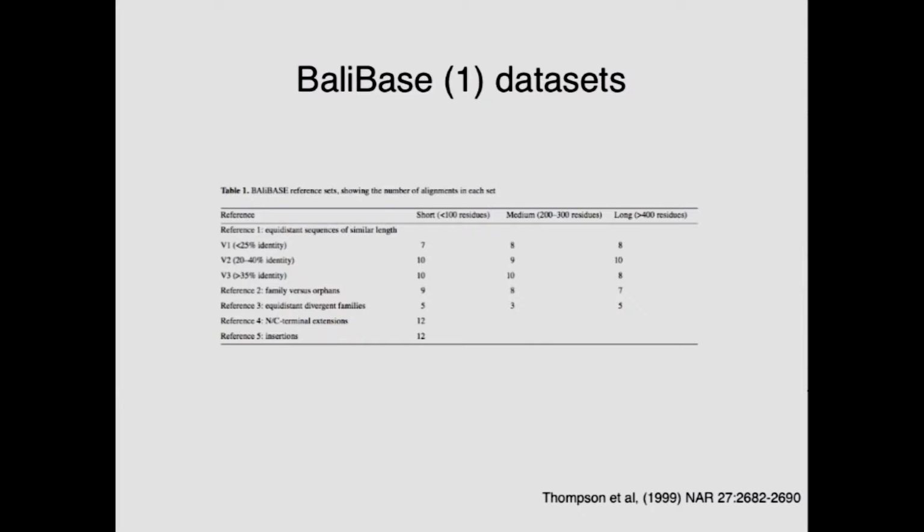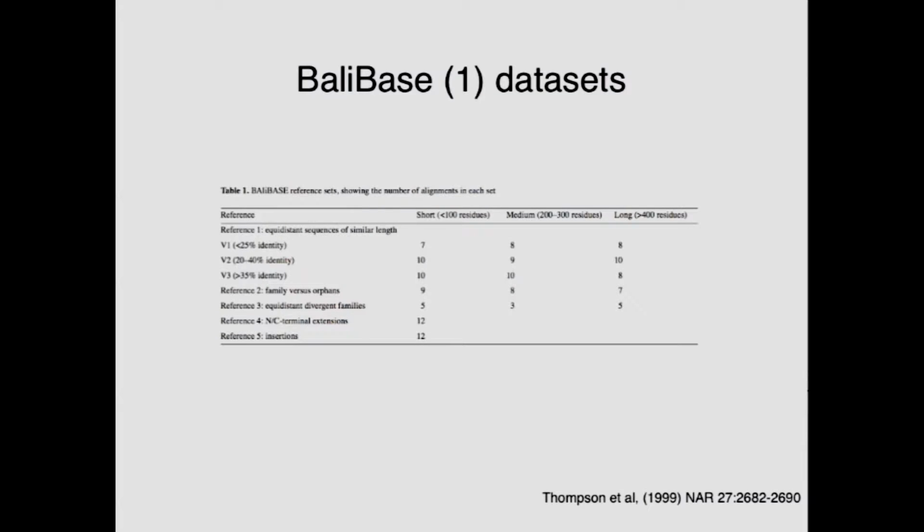Let's talk about it for a little bit, because I think it's useful to understand how people decide whether or not one method is better than another. They basically have two dimensions. They have sets of sequences that are relatively short, sort of average length, and what they call long, which is actually kind of average length. Then we have V1, V2, and V3.